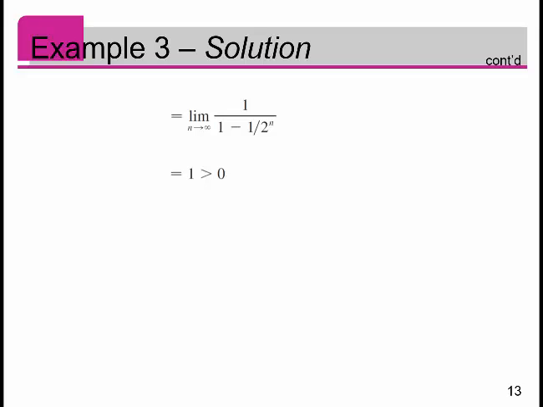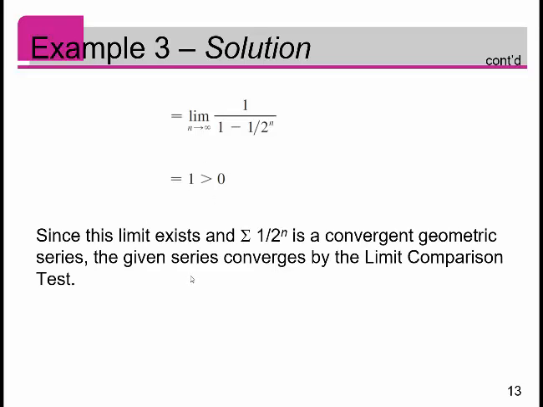This limit obviously just equals 1, which is greater than 0. Since the limit exists and the summation of 1 divided by 2 to the n power is a convergent geometric series, it follows that the given series converges by this limit comparison test.